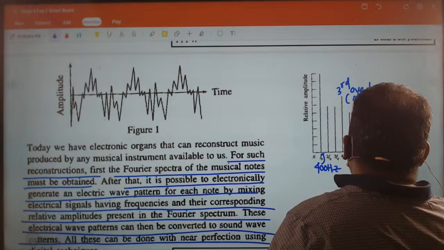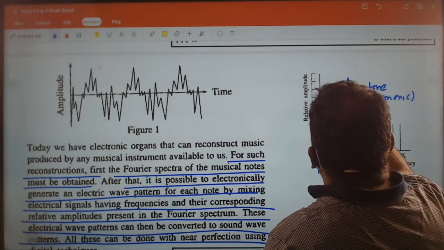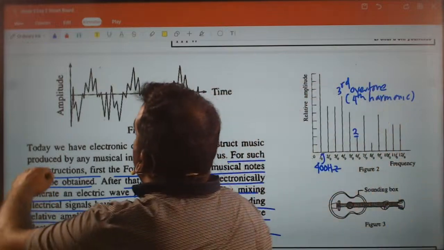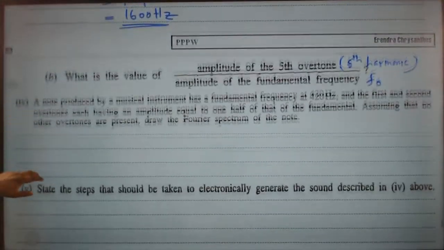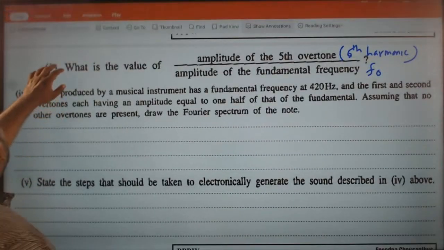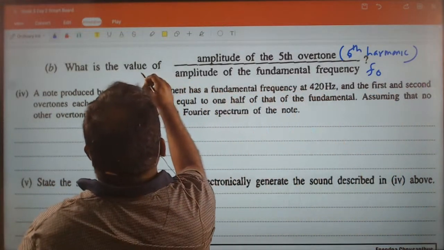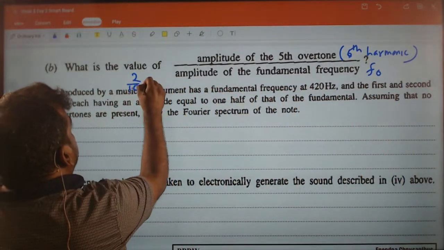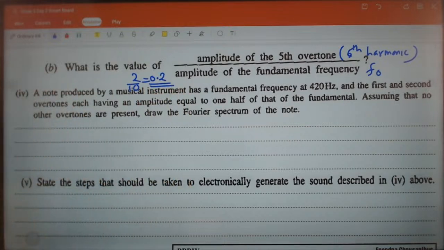Fundamental is 10 on the scale. So 2 divided by 10 is 0.2.